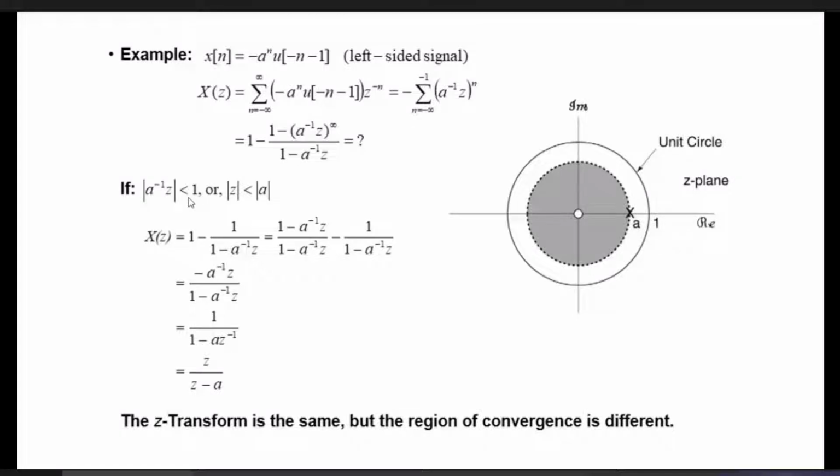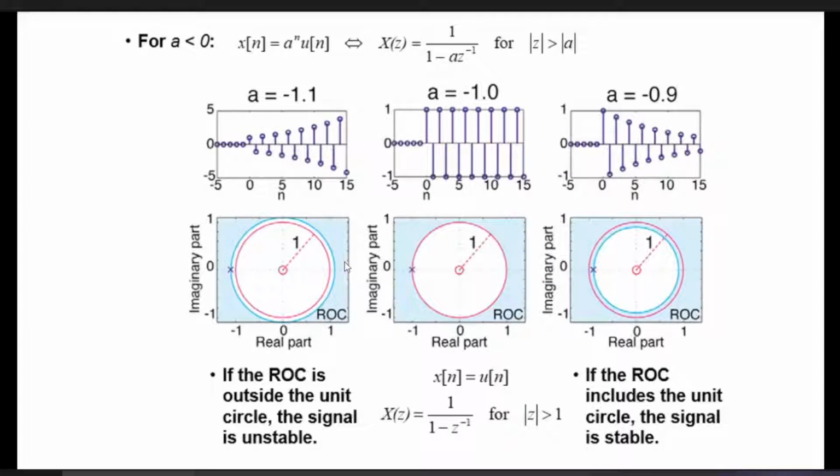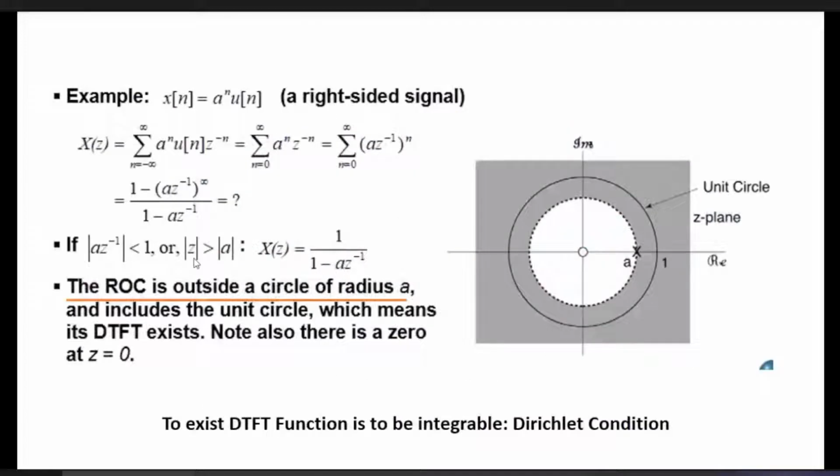Okay. Like the other case, in the case of a causal signal, what we have seen is that |a z inverse| is less than 1, or |z| greater than |a|.